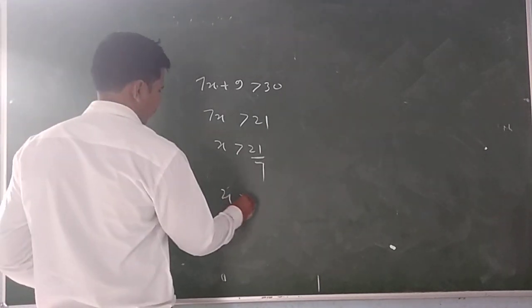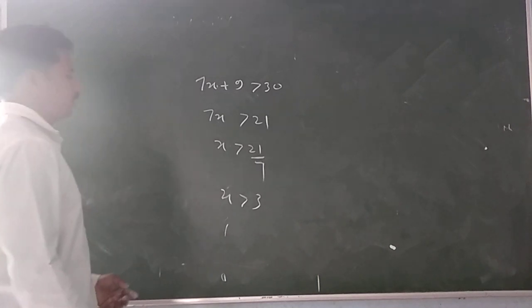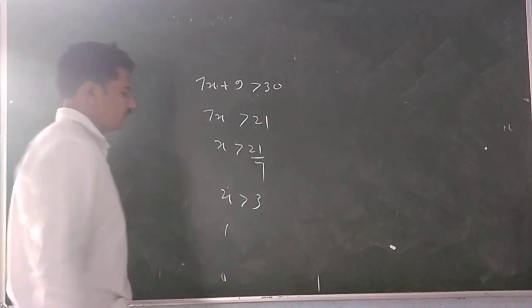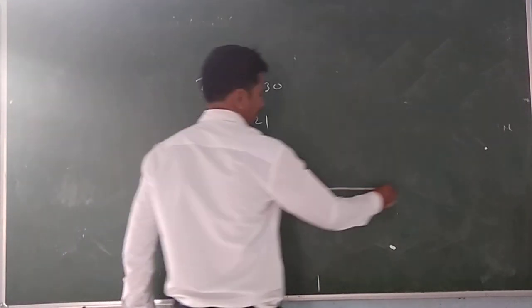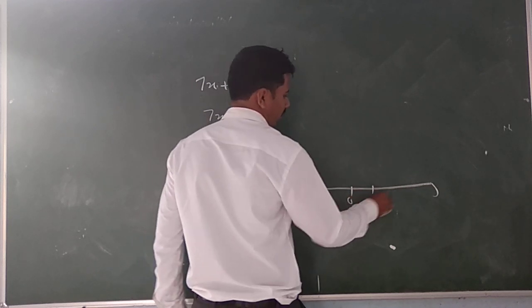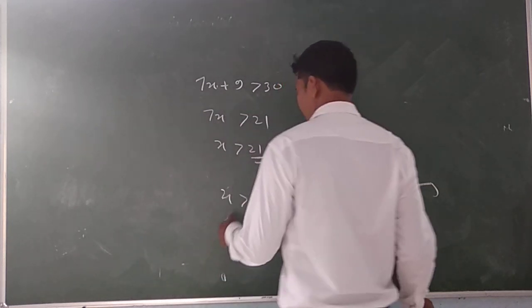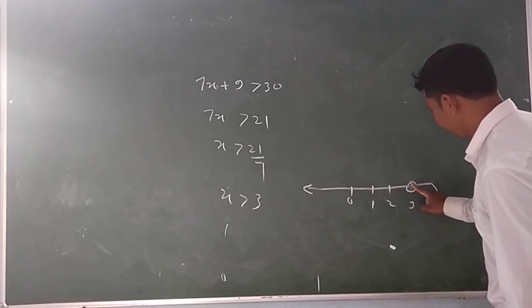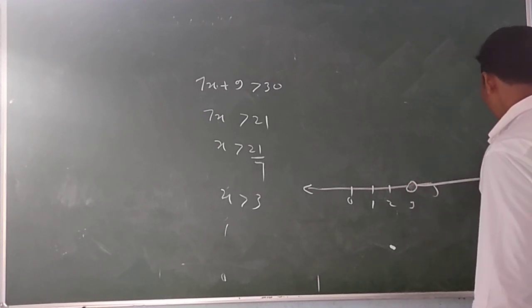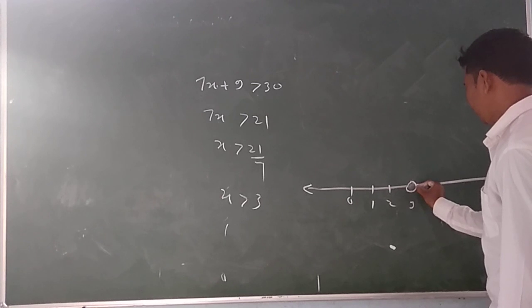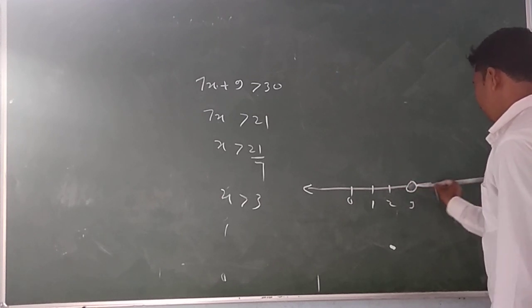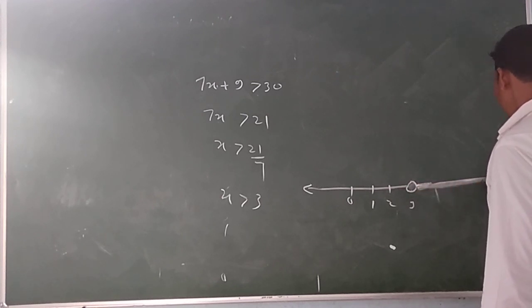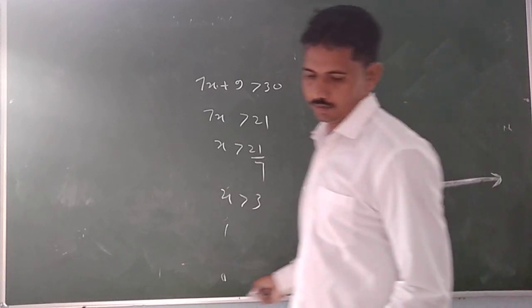That means x is greater than 3. How do you show this solution on the number line? Mark 0, 1, 2 and 3. Greater than 3: 3 is not included, so I made an empty circle here, and all numbers greater than 3. So I made a dark line here to identify the solution.